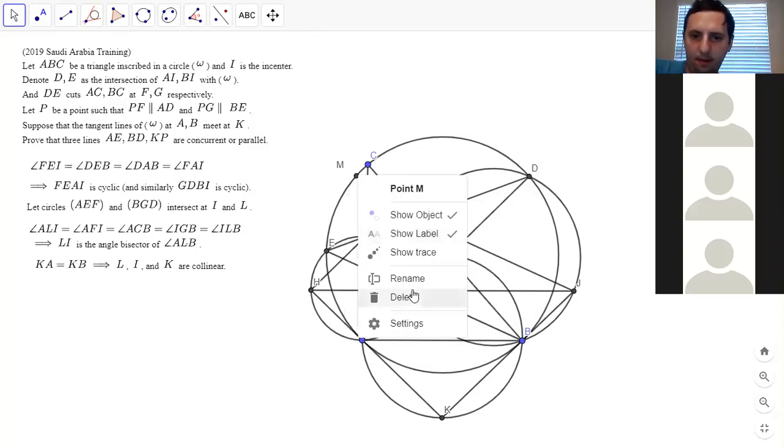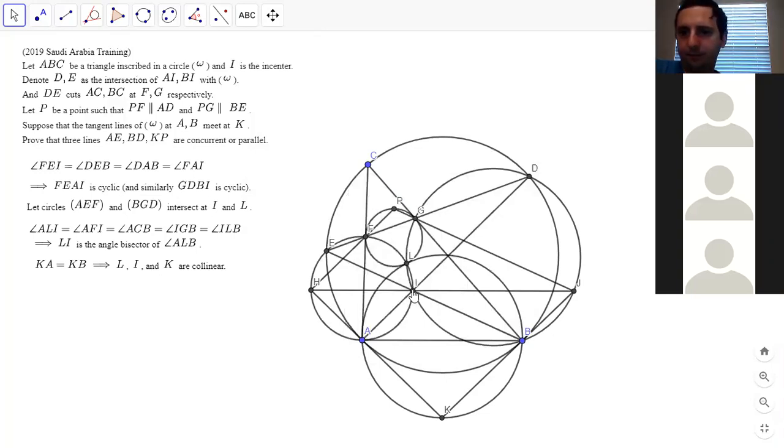And then we can use an angle chase to show that PFGL is cyclic, and then angle chase that P, L, and I are collinear after that.